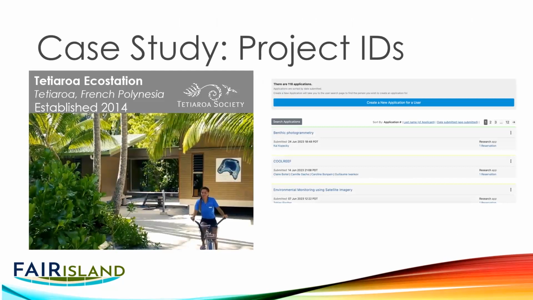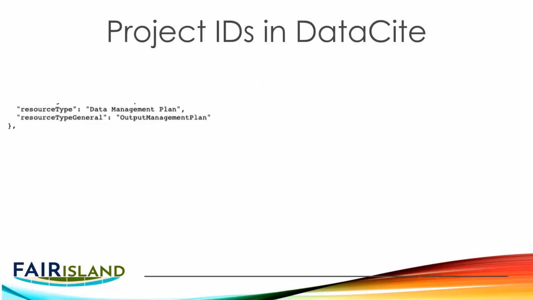And I'm really grateful to both Madison and Rob for showing you DataCite and XML metadata in its ugly form, because this is where we're going. So with the DMP tool, we already had DataCite metadata. And so it had a resource type of data management plan.